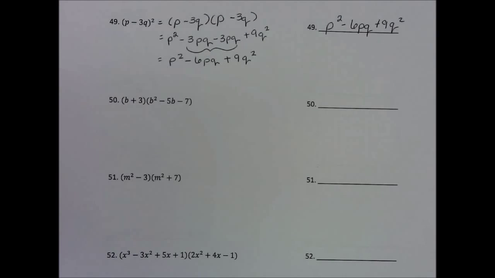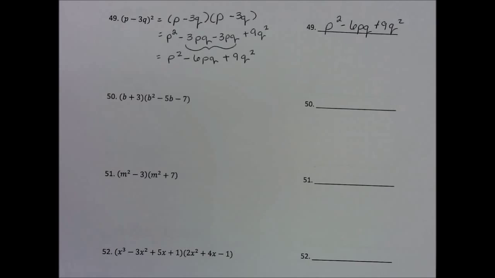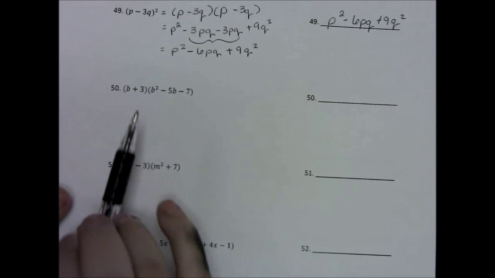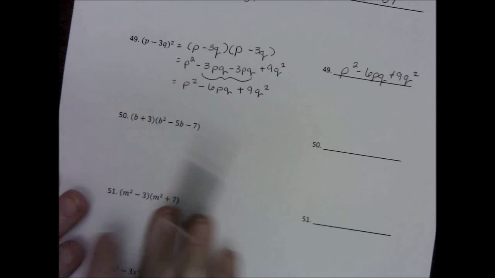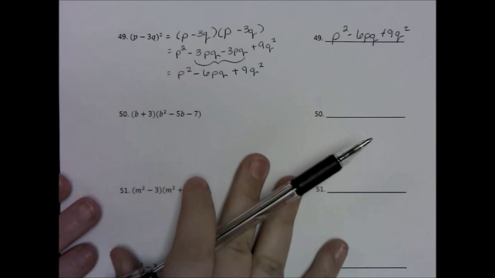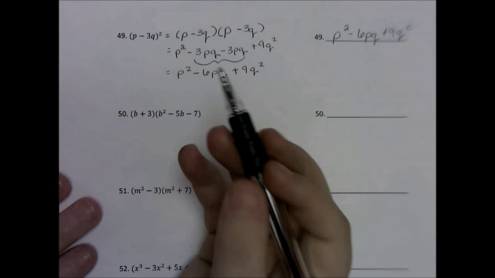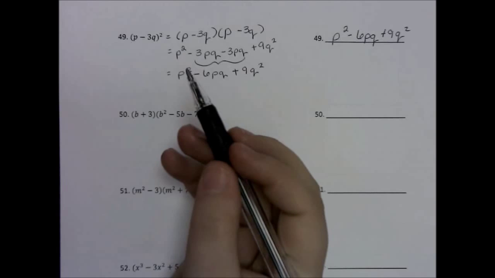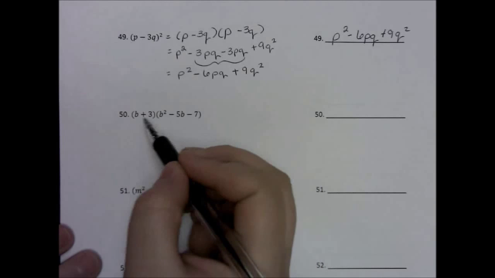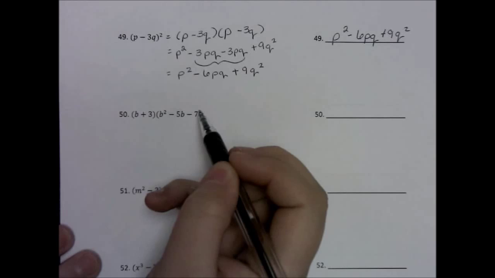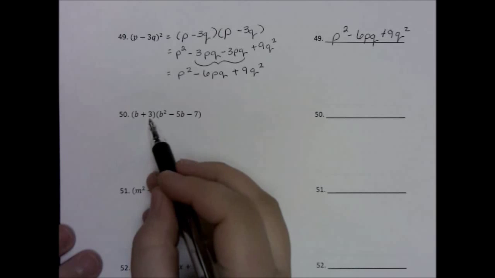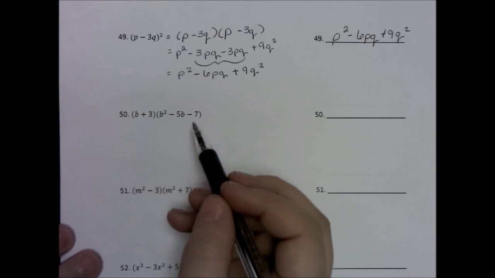So on number 50, we are going to still use the distributive property. But the difference in this problem is that we are going to multiply this B times everything in this set of parentheses and this 3 times everything in this set of parentheses.